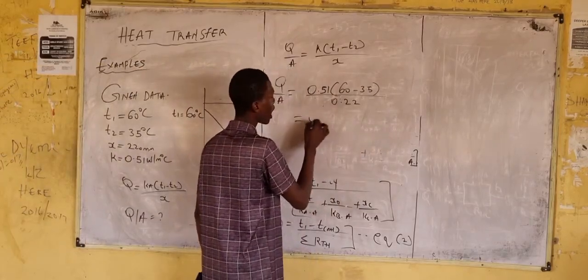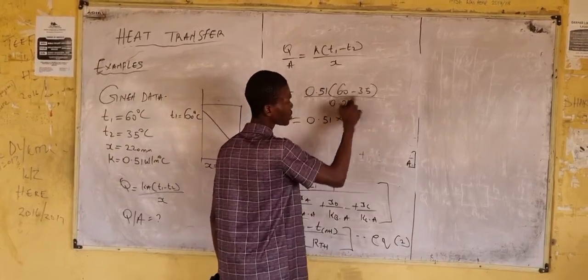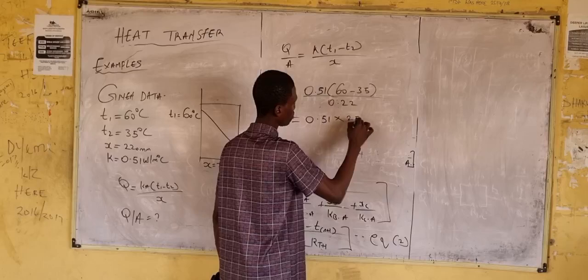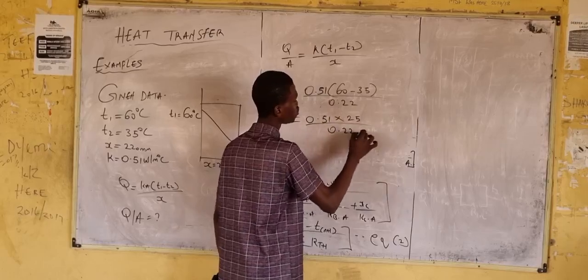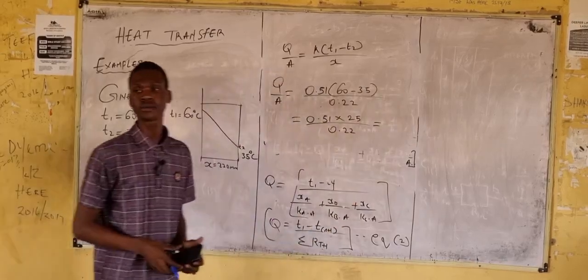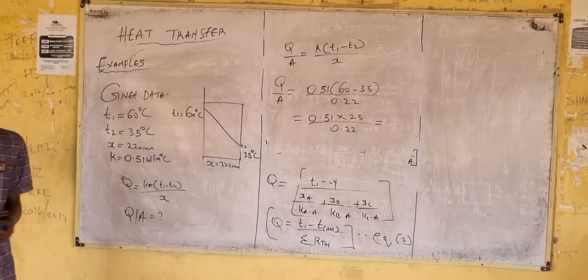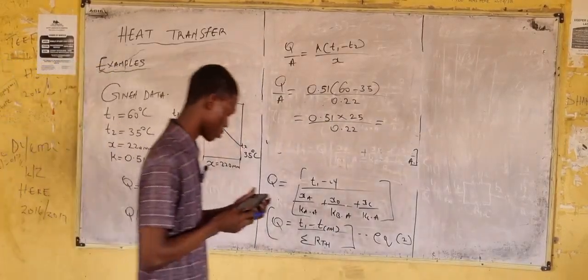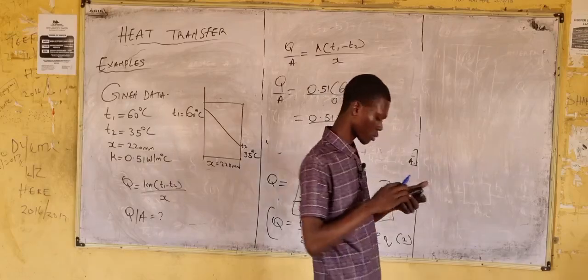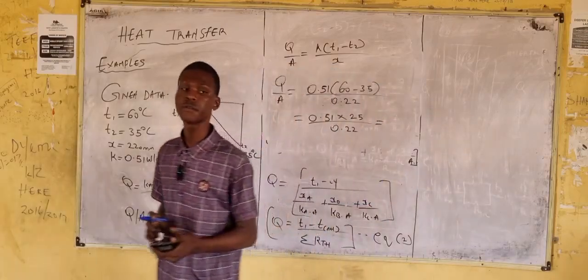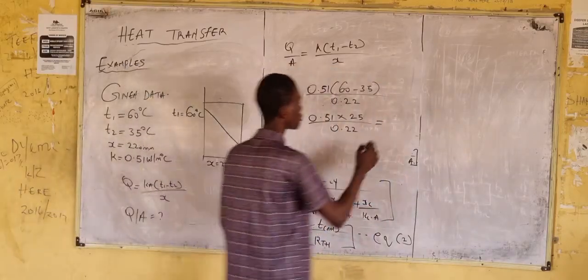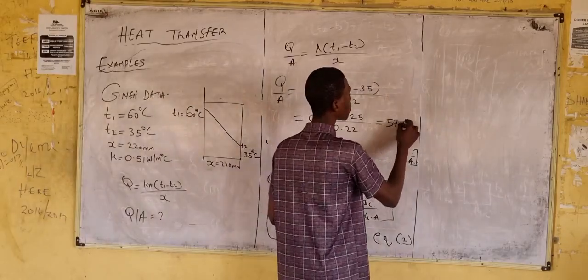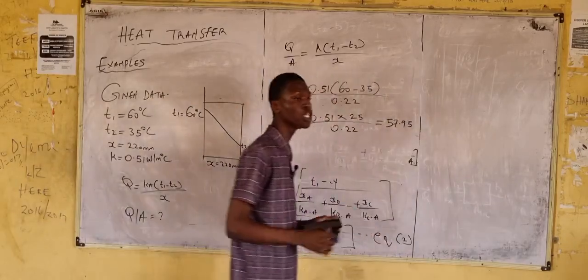From here, we have 0.51 times, this will give us what? 0.22. Then what is your answer? The answer is 57 point, let's confirm. 57.95.